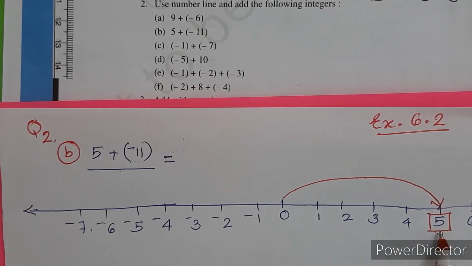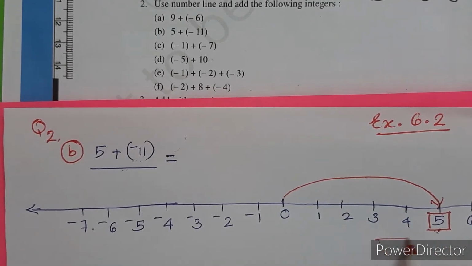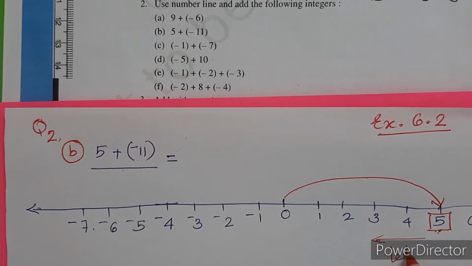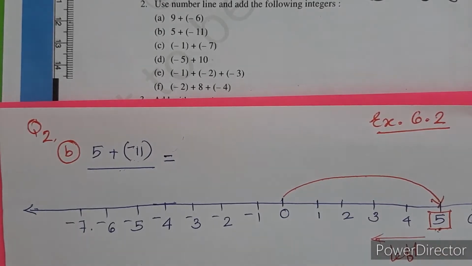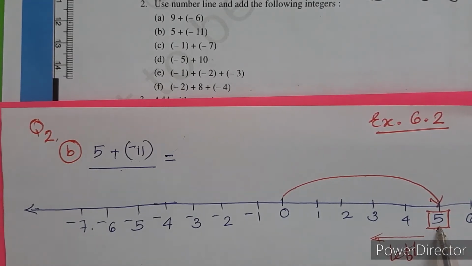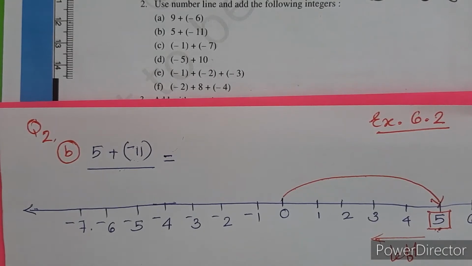This is the starting point, that is 5, and this is the left direction of 5 on the number line. Then we add minus 11 to 5, so we move 11 points from the starting point, 5, in the left direction.